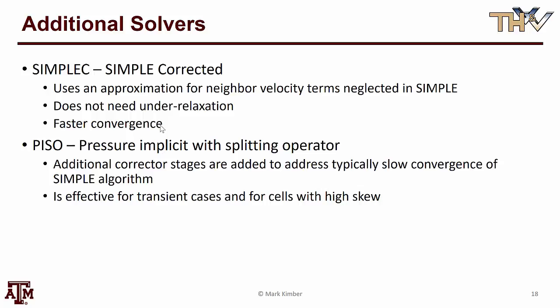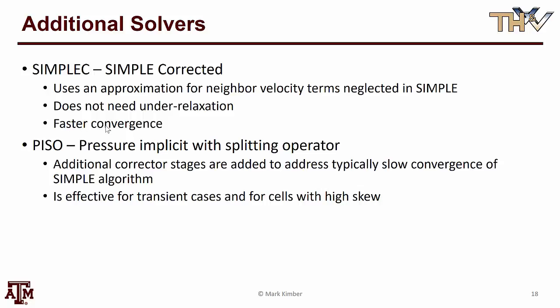So the quantity that we got rid of in the velocity corrector equation, we don't get rid of it altogether. We have some approximation that we use in place of that. So it still makes the algebra a little easier, but we don't neglect it altogether. And because we don't neglect it, now we don't need to worry about under-relaxation. And as a result of that, it's faster convergence.